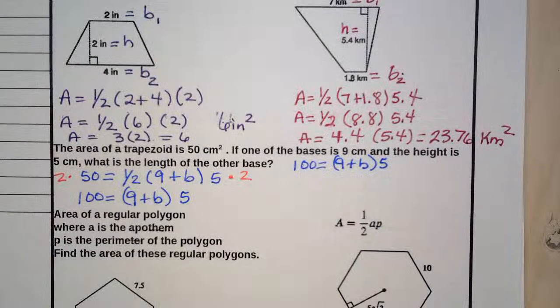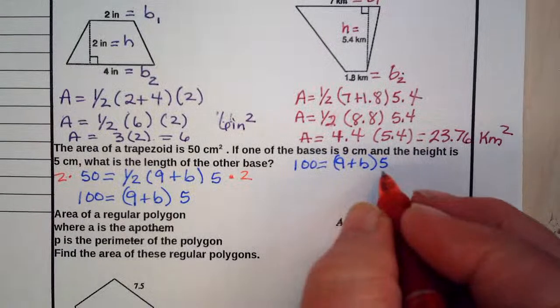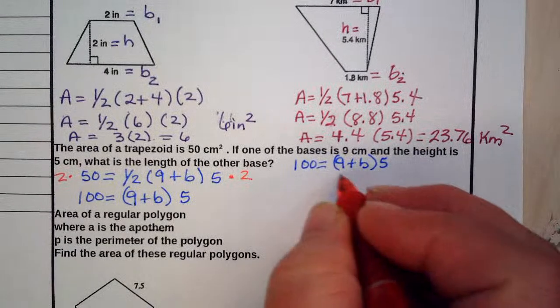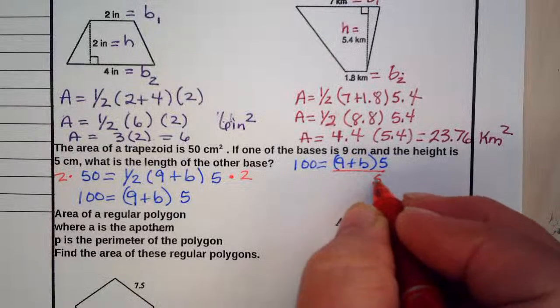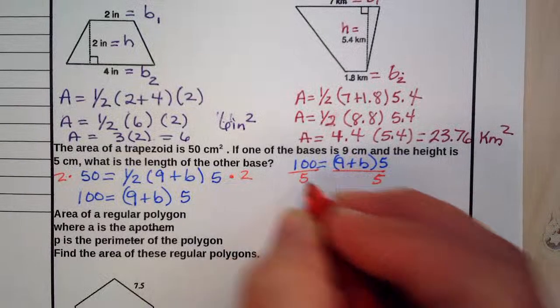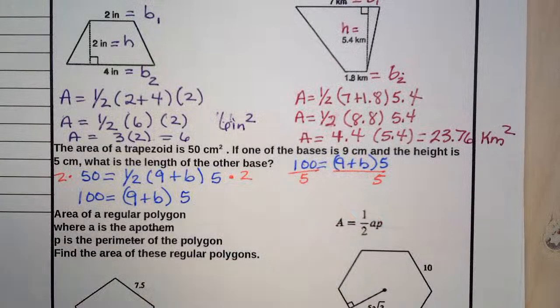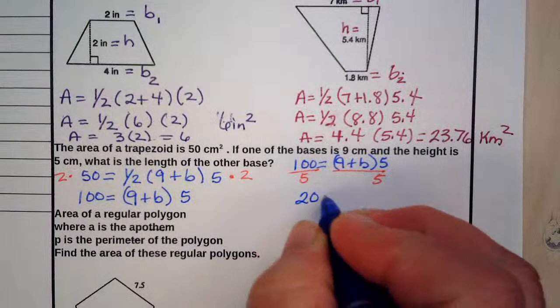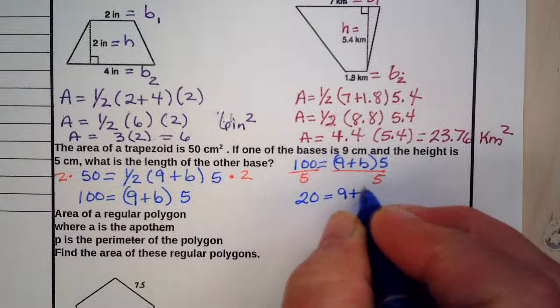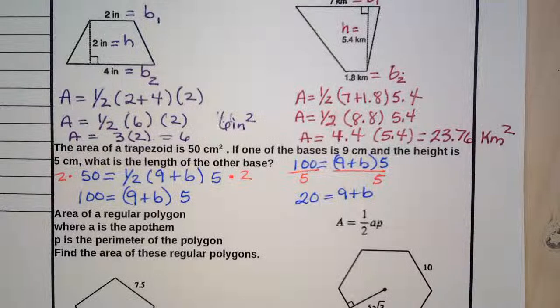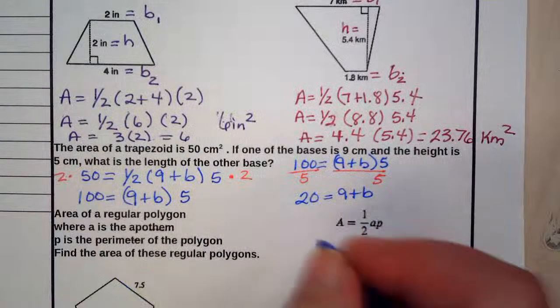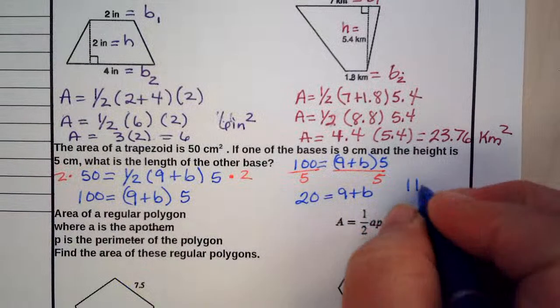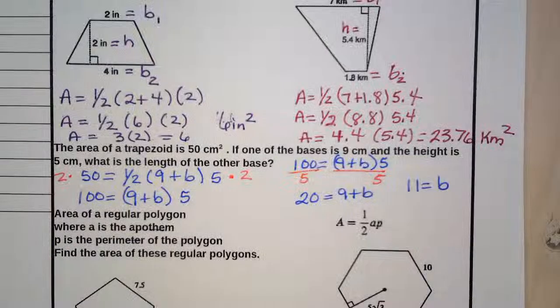I've multiplied by 5, so I need to divide by 5. 100 divided in 5 pieces is 20. 20 is equal to 9 plus b. Subtract 9 from both sides. 20 minus 9 is 11. 11 is my other base.